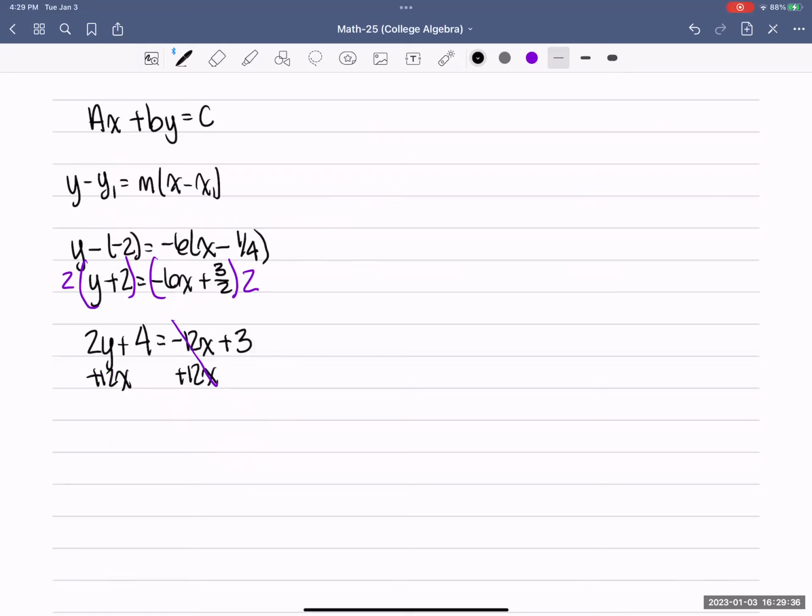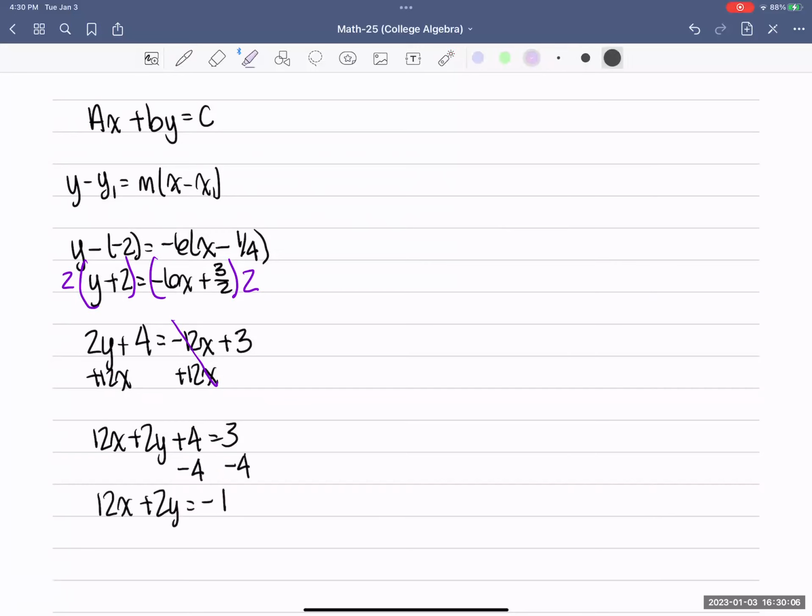So we're going to have 12x plus 2y plus 4 equals 3. We don't want any constants on the left side, so we subtract 4 from both sides, leaving us with 12x plus 2y is equal to -1.